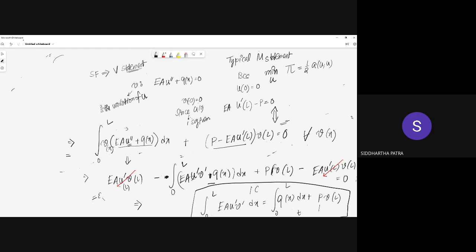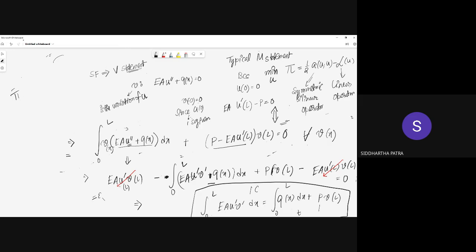An operator here means some form of integration or any other expression. It's a bilinear operator, minus L of u, which is a linear operator. It's not only bilinear, it is also symmetric.